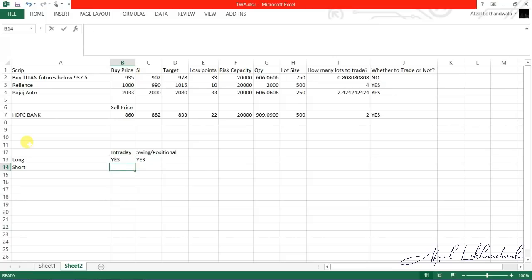It can also be done if it is a short intraday trade, but such an adjustment cannot be done on a short swing or positional trade.